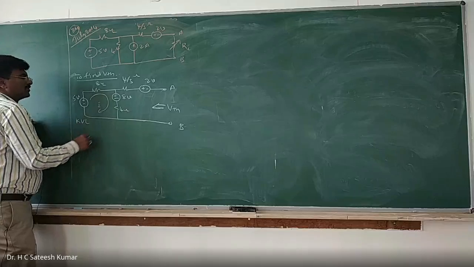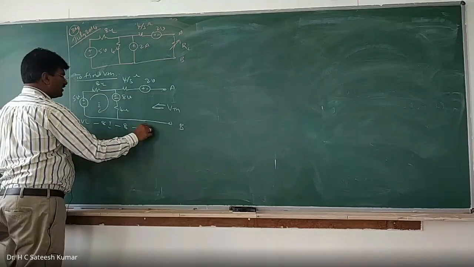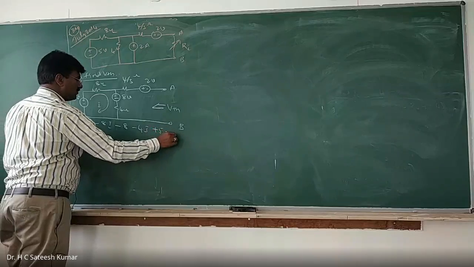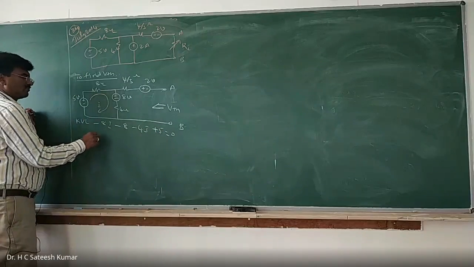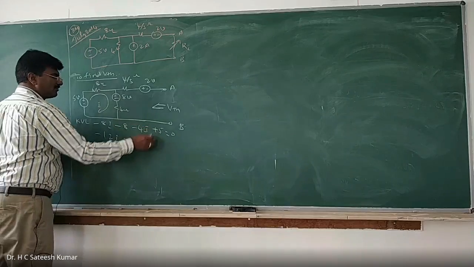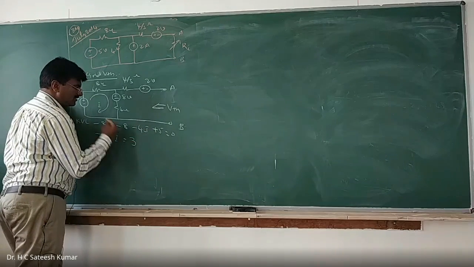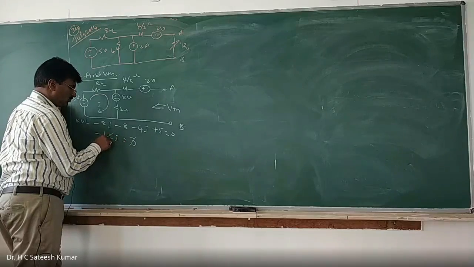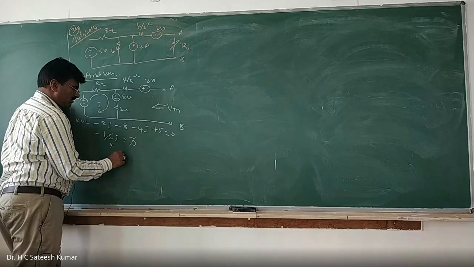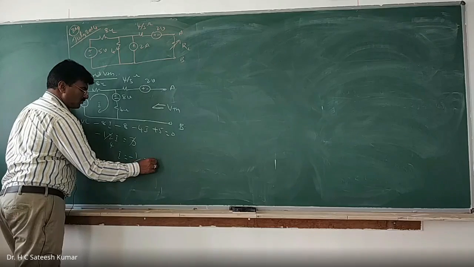Only one loop is there. Minus 8I, minus 8, minus 4I, plus 5 is equal to 0. Minus 12I, minus 3 equals 0. Transfer to the right hand side, plus 3. So I is equal to minus 1/4, minus 0.25 amps.